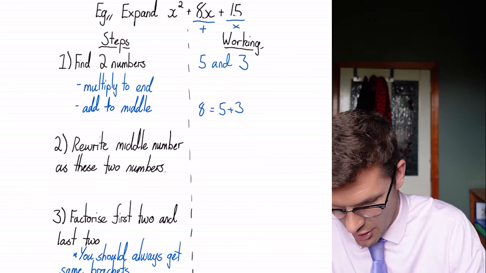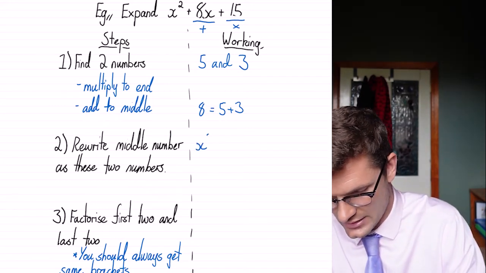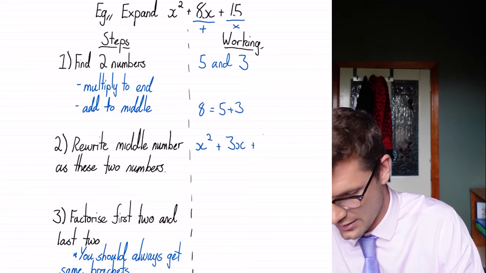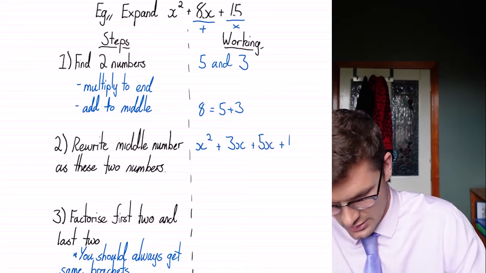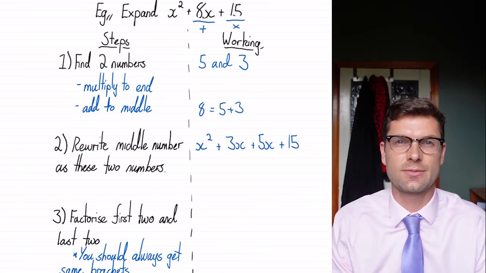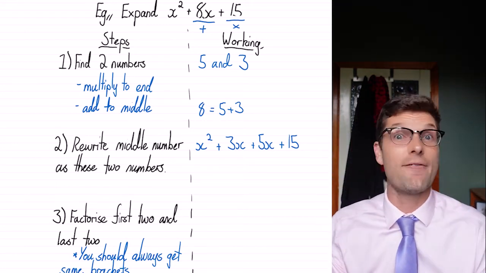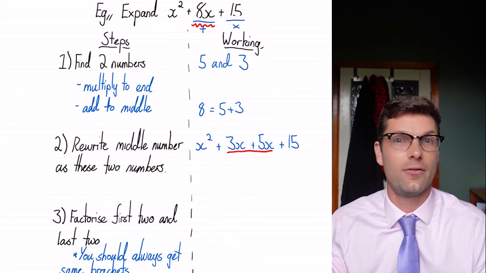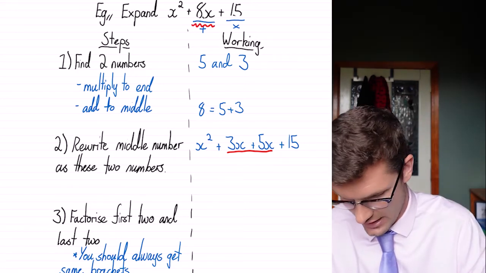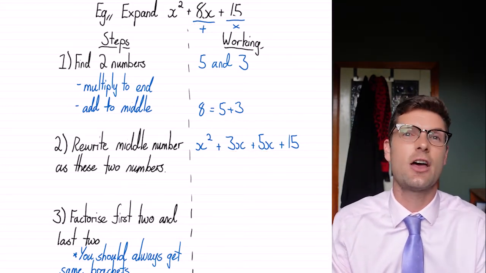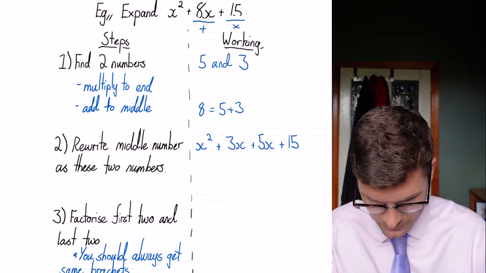So for this, we've now got x squared plus 3x plus 5x plus 15. Just as a reminder, this 3x plus 5x is just 8x. We haven't changed our equation at all. We're just making it a little bit easier for us to do our next couple of steps. It also doesn't matter if you wrote 5x plus 3x, the order does not matter.